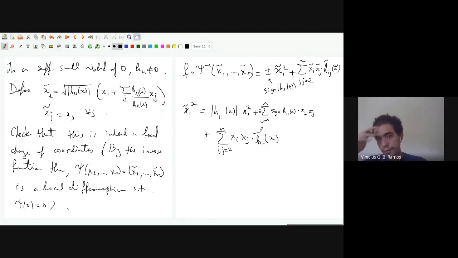Okay, so what you really want to see is this part here. Actually, what I want is h11 of 0. Yeah, sorry, it's not of x, it's just of 0.